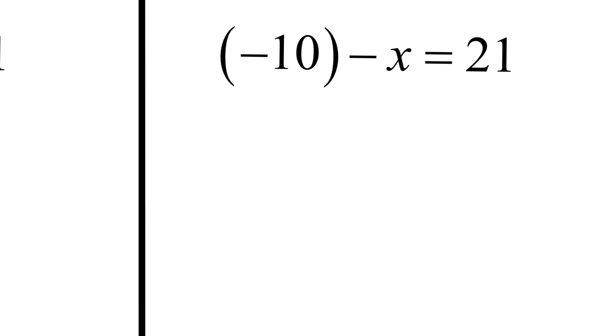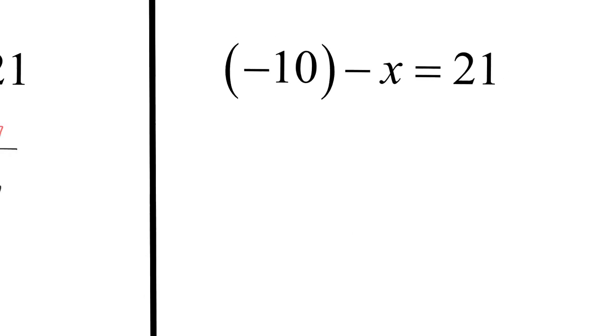Now this example might look like a negative times a negative, a double negative, but notice that the negative 10, this negative is not next to the negative x. You have a number in between. So when you have something in between the negatives, that's not a double negative.